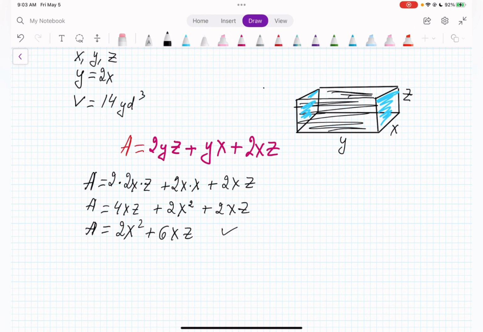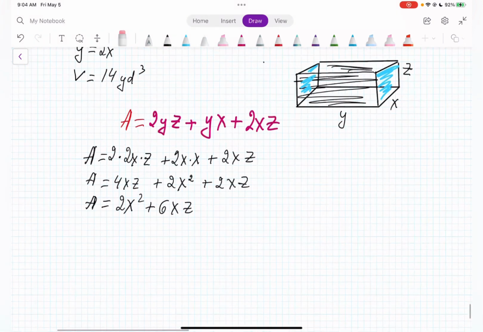But we have x and z, we have two variables, and for the derivative we would have to use implicit differentiation. This topic comes in the next homework, but if we can get rid of the second variable, it will be much easier because we will have to take the derivative with only one variable. So let's see how we are going to get rid of it.